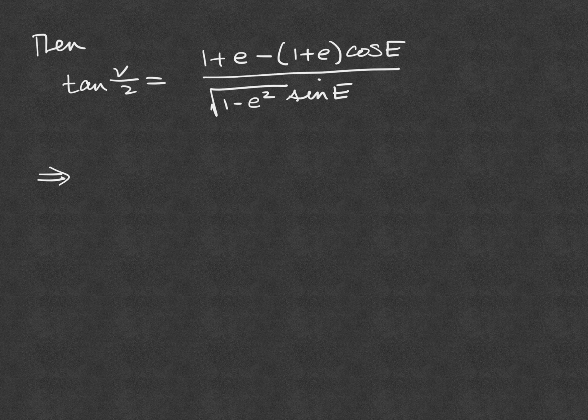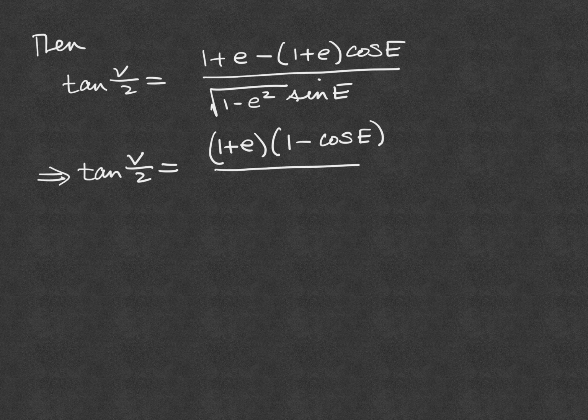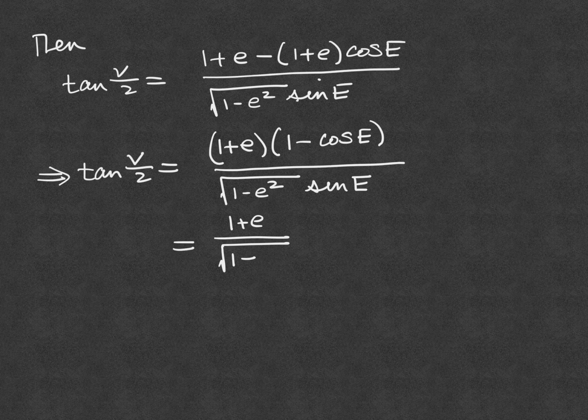So that gives that the tangent of nu over 2 is equal to 1 plus e, which factors out, and I'm left with a 1 minus cosine of E. And in the denominator, I have the square root of 1 minus e squared times the sine of E. Now, if I factor out all these coefficients, I get 1 plus e, all divided by the square root of 1 minus e squared, times 1 minus cosine of E, all divided by the sine of E.